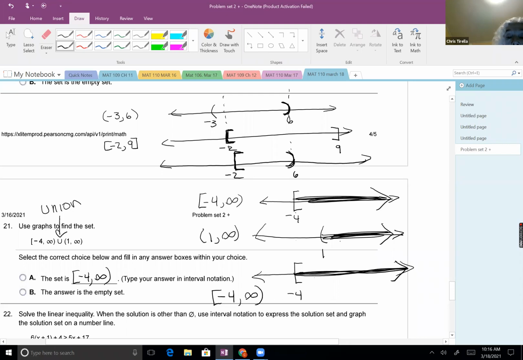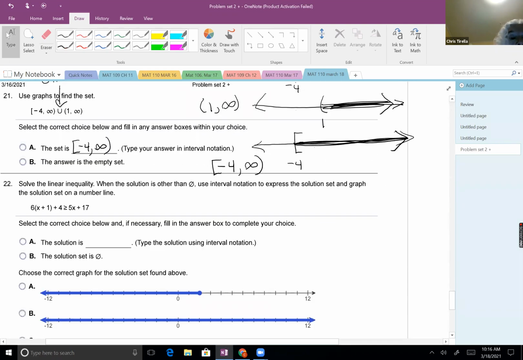Because again, when I take the union, I'm just putting the two together. When I take the intersection, I'm just looking for where do they overlap. If that's all right.